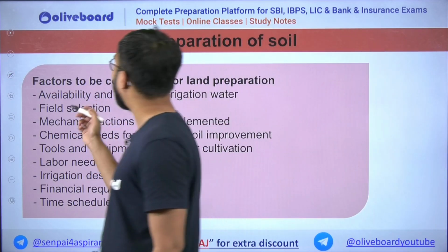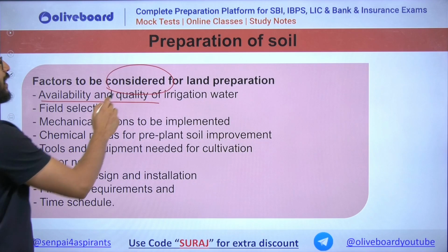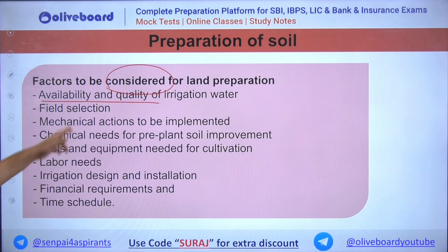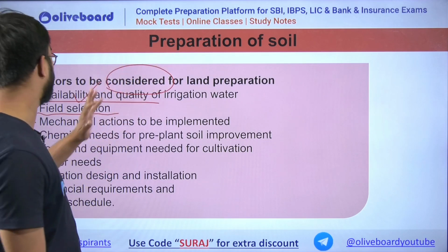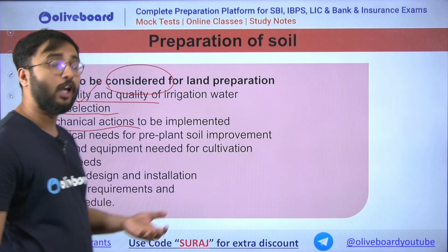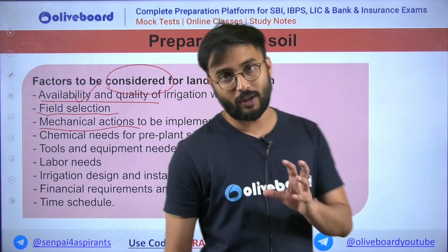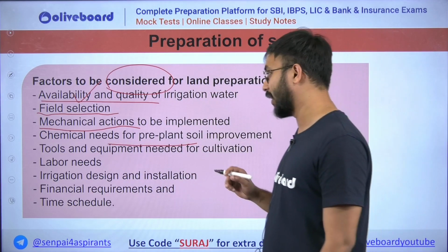If you see different factors for preparation of land, such factors which have to be considered for land preparation are: first is availability and quality of irrigation water. Second is field selection, where the field has to be selected. Then mechanical actions which are implemented during your tillage or plowing activity. Then chemical needs for pre-plant soil improvement.